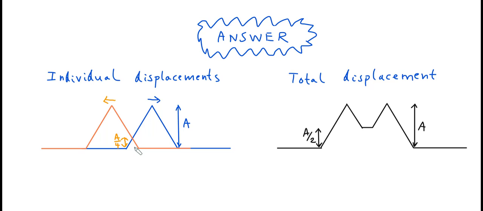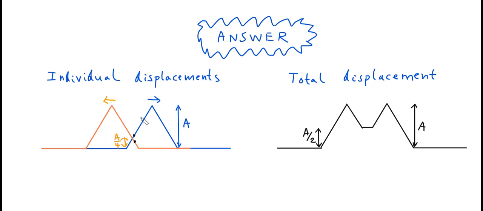And similar to what we were saying earlier, if we look at a point slightly to the right of that intersection point, the displacement of the orange wave has gone down a bit, and the displacement of the blue wave has gone up a bit, but those changes, the decrease and the increase, perfectly balance out, right?